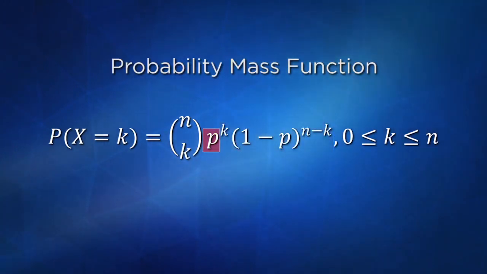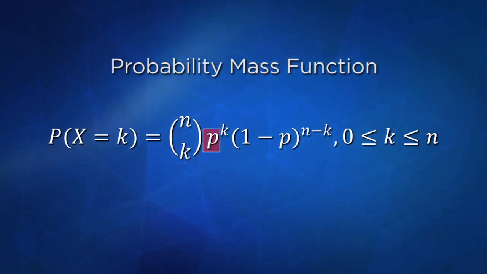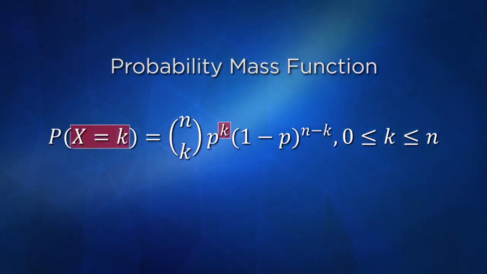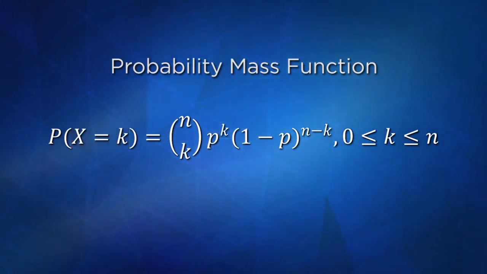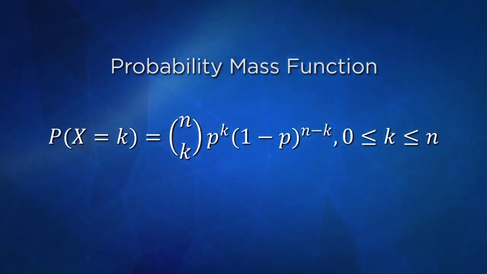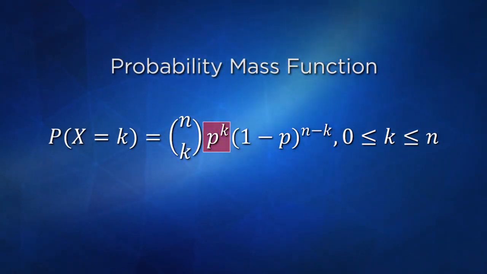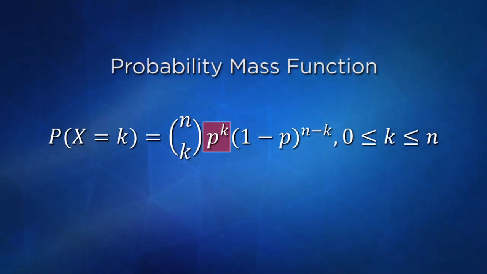So remember, p is our probability of success, and we want to know what's the probability that we have k successes, that x equals k. Well, k successes means that we've had our success probability p k times. So we raise p to the kth power to indicate that we had k successes.